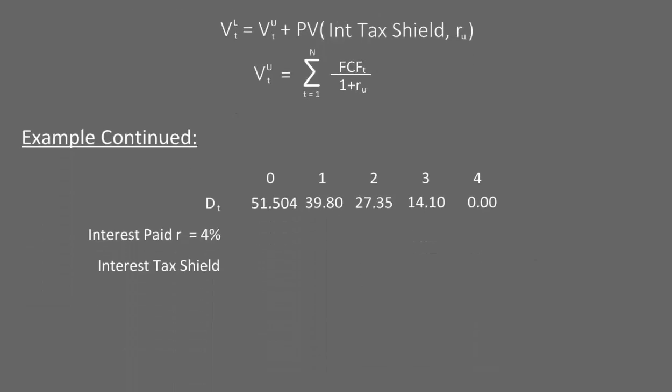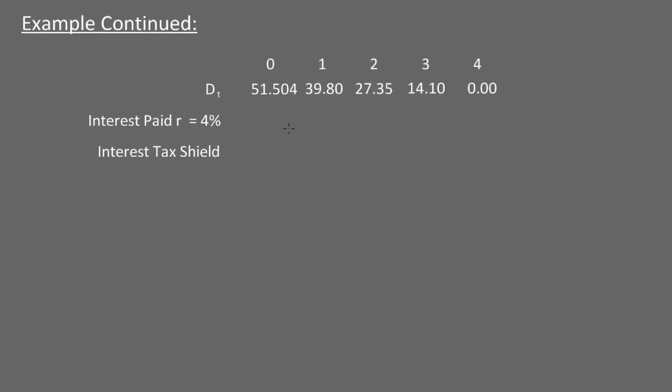So using the example above, we can continue on. The interest paid in each period and the interest tax shield in each period need to be calculated. This will give us the present value of interest tax shields. So we take our debt at time 0 multiplied by our interest rate: 51.504 multiplied by 4% is 2.06. Now 39.8 multiplied by 4% is 1.592.